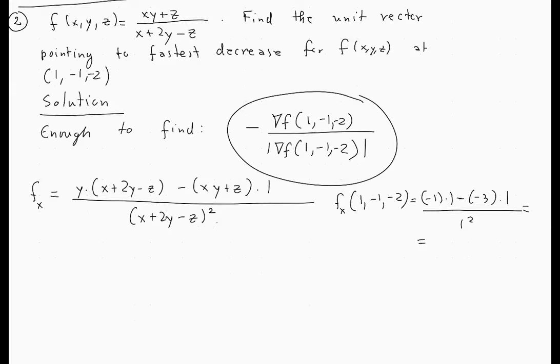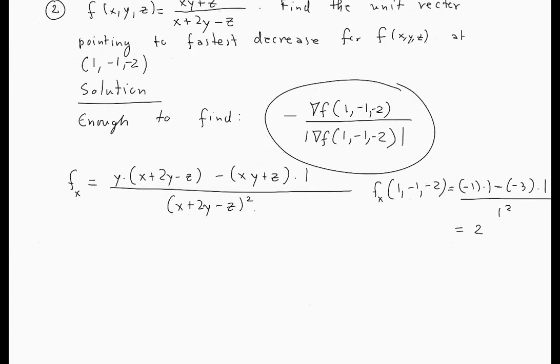Let's see. f sub y. Now find the derivative with respect to y. It's going to look like x times x plus 2y minus z, minus xy plus z times 2, that's the derivative of the denominator with respect to y, divided by x plus 2y minus z, all squared.